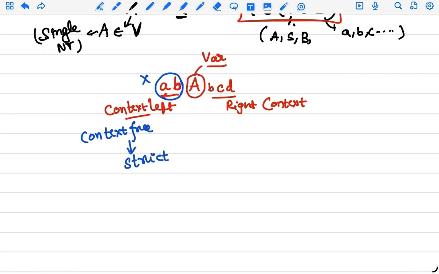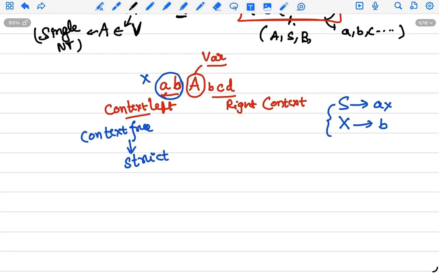For example, S tends to AX and X tends to B. This is the mapping, right? There is a strict restriction on the left side of every production rule. For the left side, the variables S and X have no context.